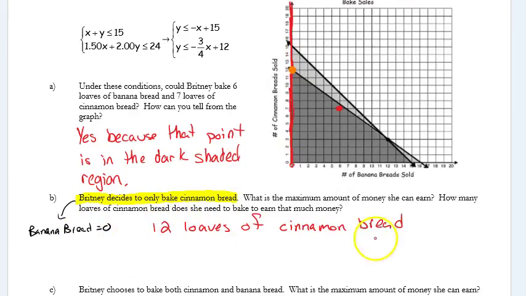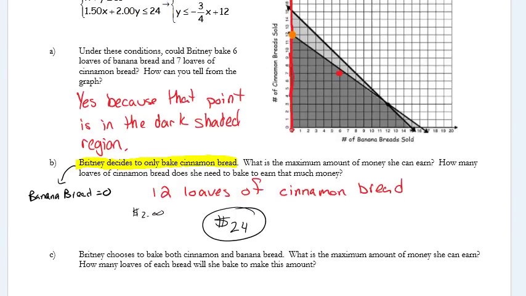The word problem told me that cinnamon bread was $2 each. So at a $2 price, I multiply this for a total of $24. And you can see if I had gone higher than that, 13 loaves would have been $26, no longer meeting my criteria.